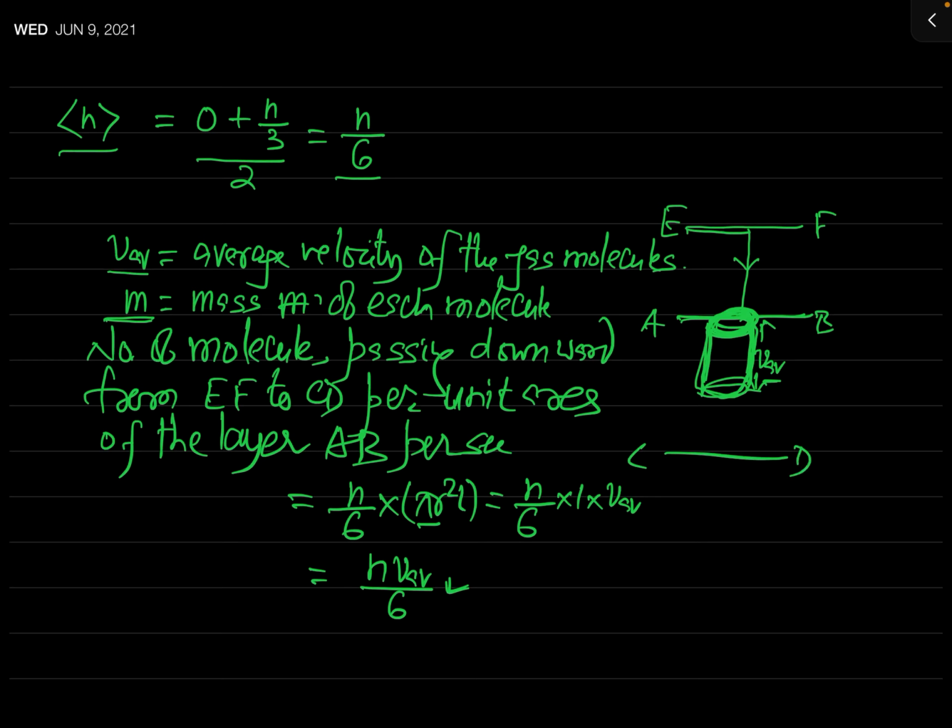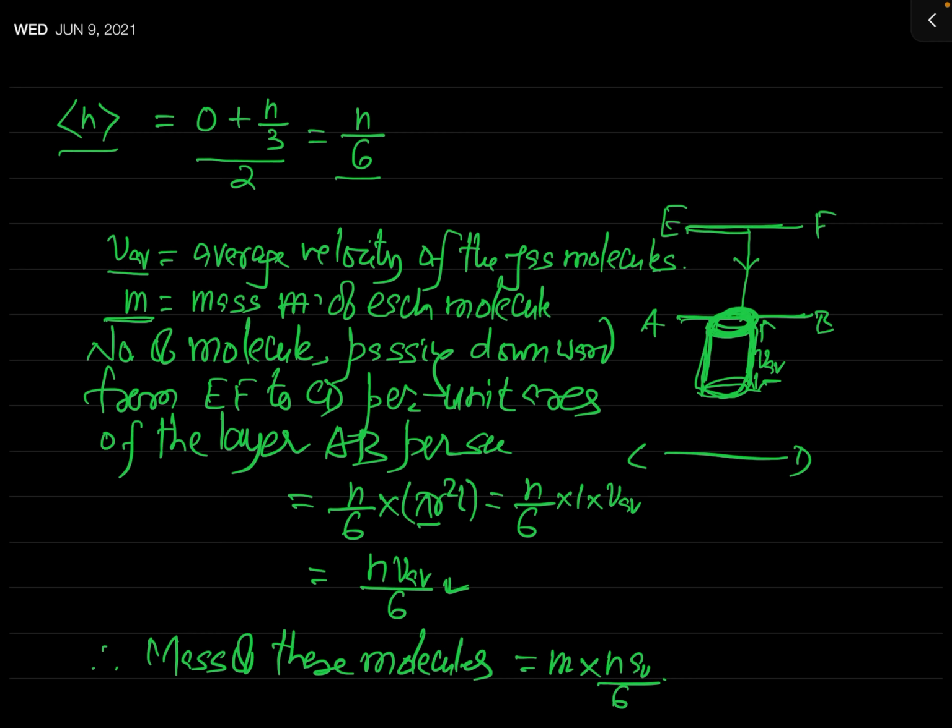We will simply multiply this number by m. Therefore, the mass of these molecules will be the mass of one molecule into the number, so m into n V average divided by 6.